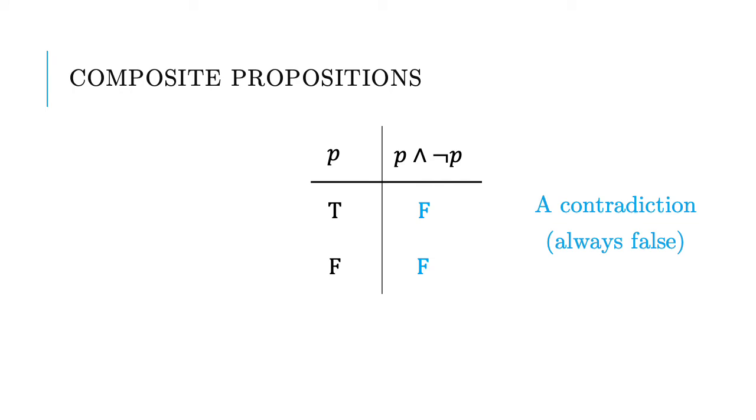This is called a contradiction. That is to say, more generally, any proposition that has the property of being always false is considered a contradiction or a self-contradictory proposition. This too is an important class of proposition.